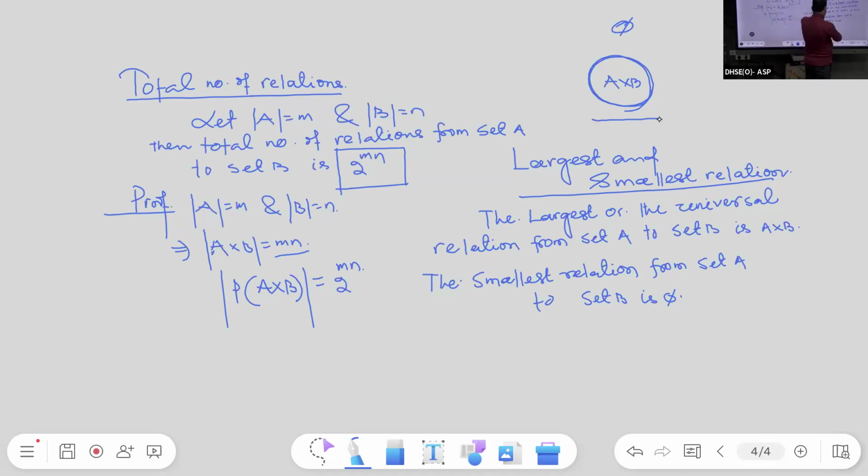Let's move forward to the next subtopic, that is representation of a relation.